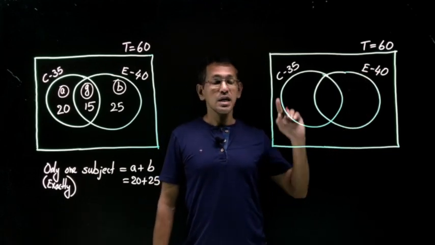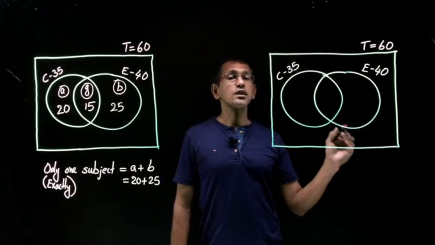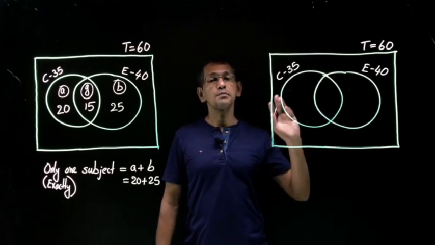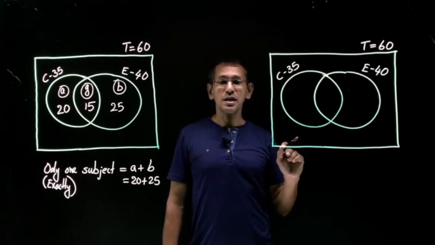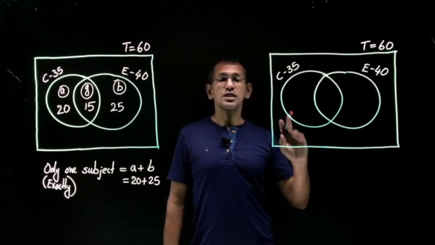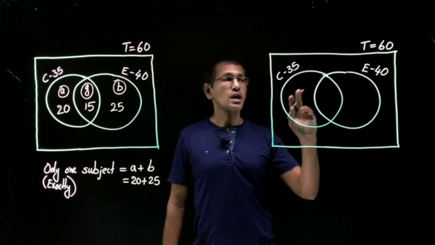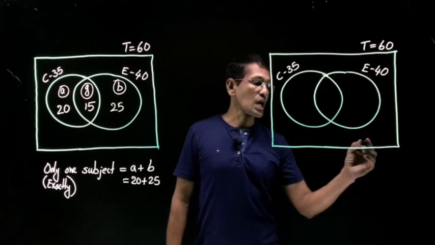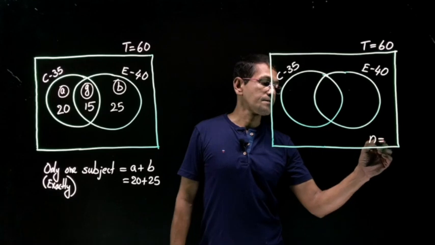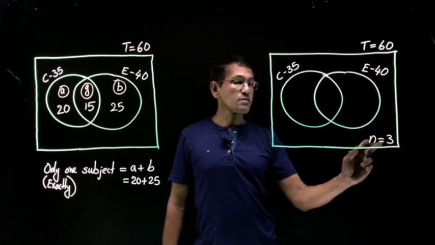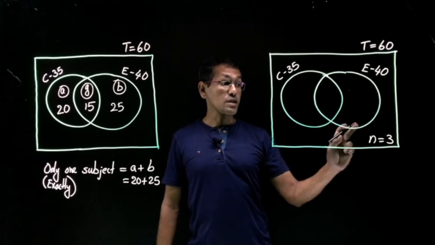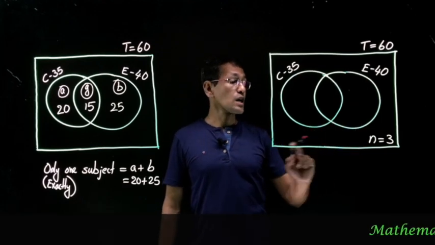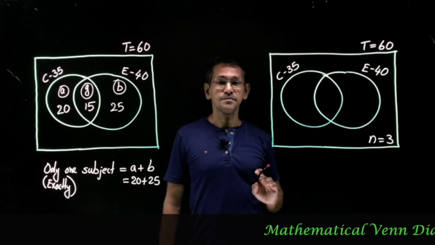However, in this batch, 3 students failed in both computer science and economics. Or we say 3 students, none of them passed in computer science or economics. So none is 3. While that 3 is a part of the class, so they come inside that 60.